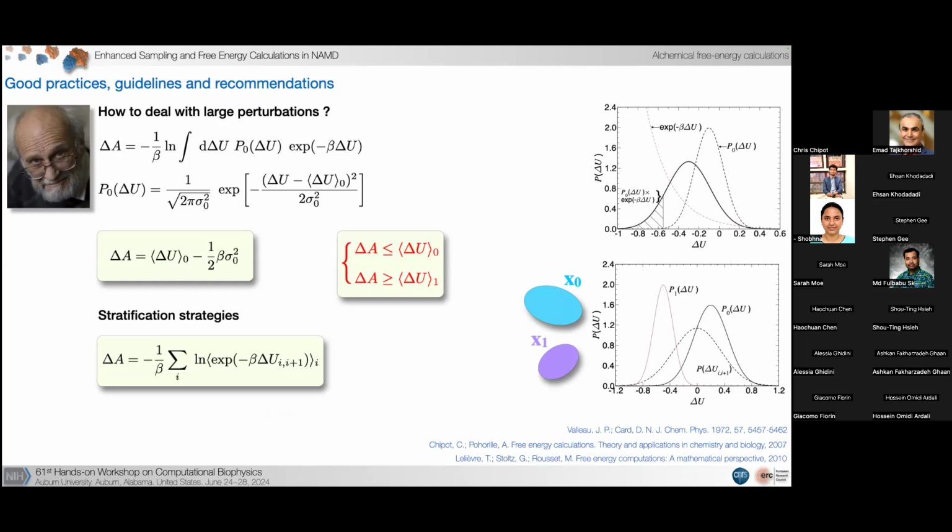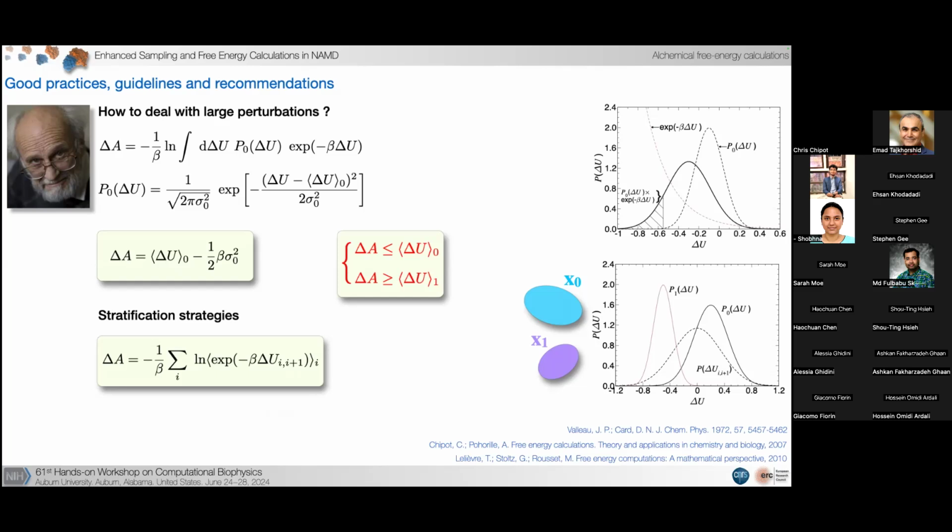Because what I really have sampled is this region, right? So here I have no information. That will be the error that I make on my free energy estimate. Because I've not sampled anything here. My sampling stops here roughly at minus 0.6. Get it?